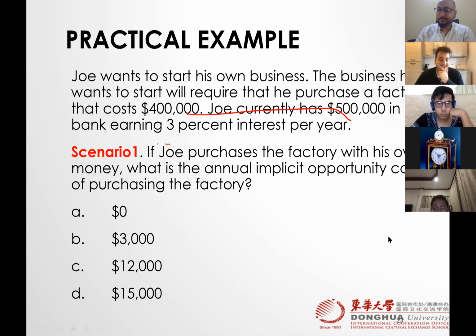I can try. It's easy. If he purchased the factory, what would be its implicit cost? What has he lost between these two alternatives? He lost the 3% interest per year. Exactly, the 3% interest on the amount that he would be earning if he had not opened the business.